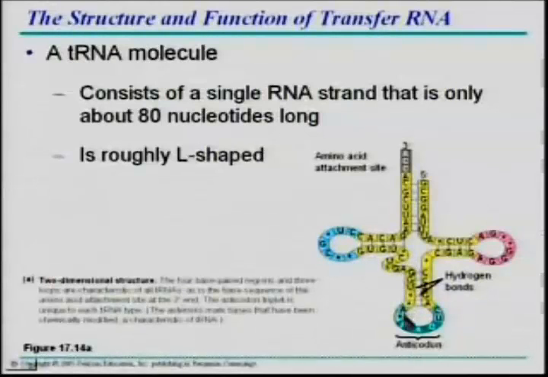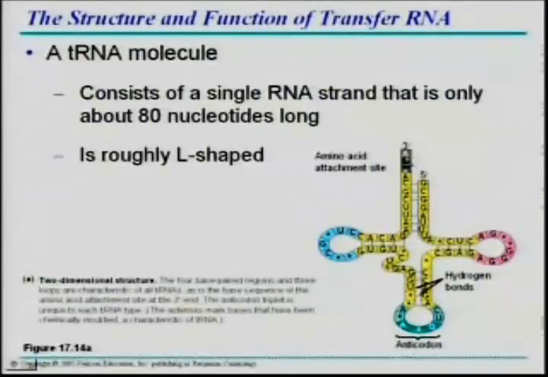It's roughly L-shaped once it makes its final conformational adjustments. It is basically like a clover leaf, but there's additional twisting and turning so that it ends up looking L-shaped. And at one end of the L is a triplet, the anticodon, and at the other end is the nucleic acid sequence specific for binding a particular amino acid.